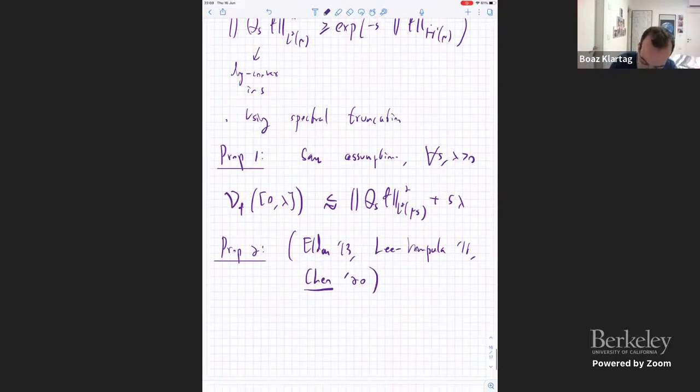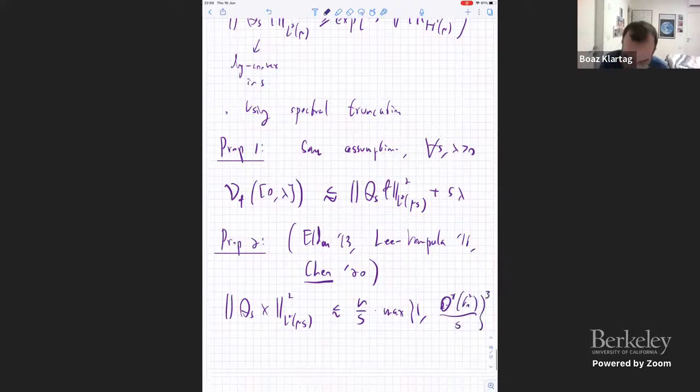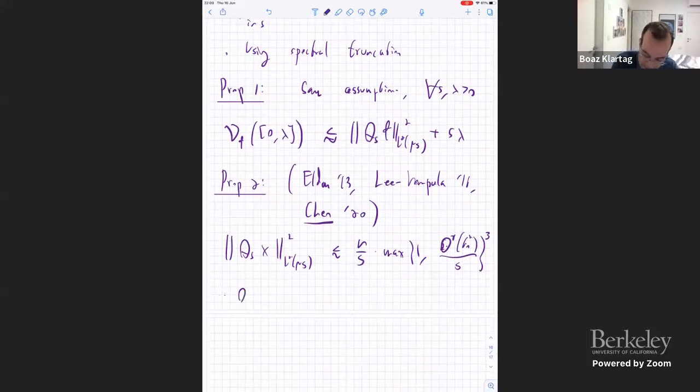So for Q_s of x, there is a good bound for that. I write it just because, O star, up to log. So there is some bound for that thing, and now you can optimize in s.